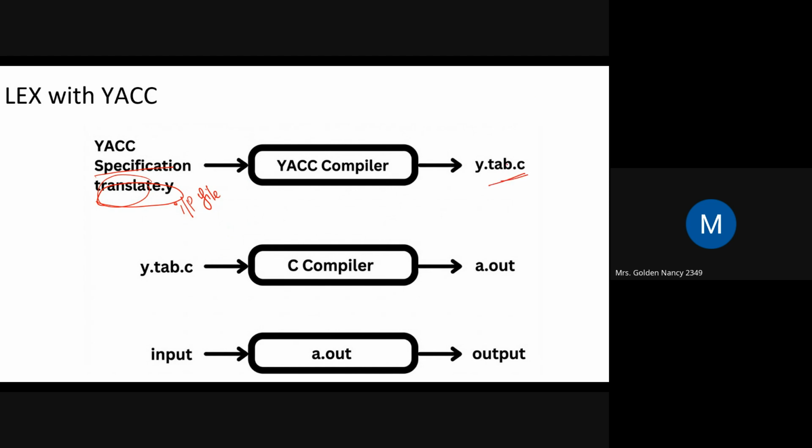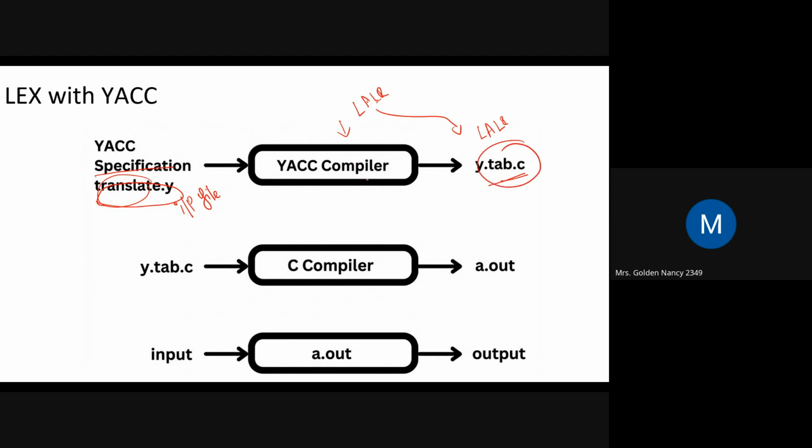Inside this YACC compiler you will have the LALR algorithm, and that algorithm will give you an output. After passing through this LALR, you get an output, right? That is what this y.tab.c file holds.